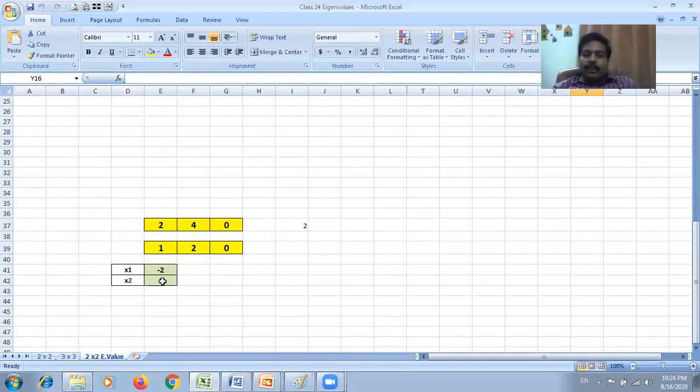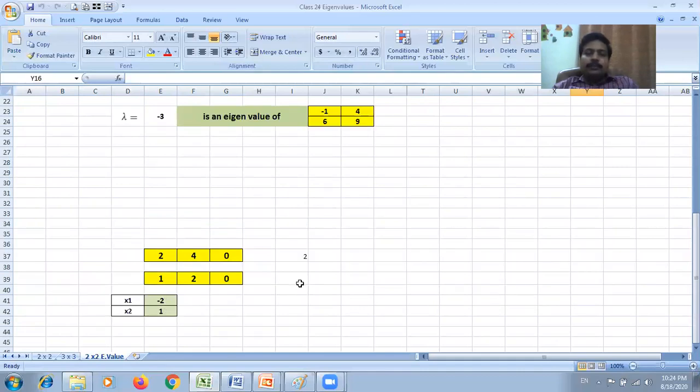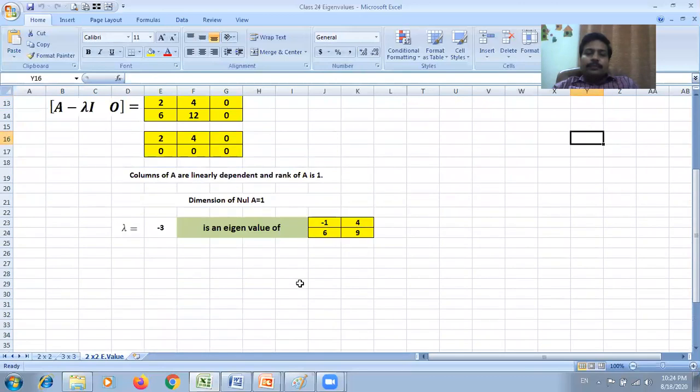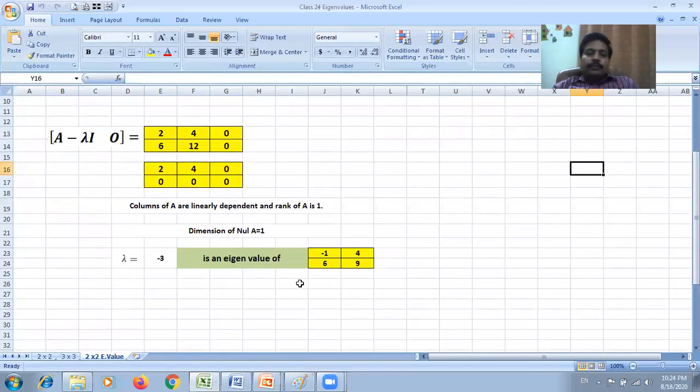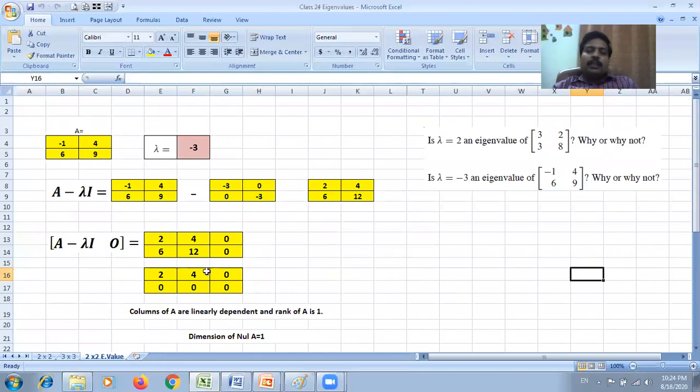So this is the basis for the eigenspace. Sorry, this is one of the vectors in the eigenspace corresponding to the eigenvalue -3.